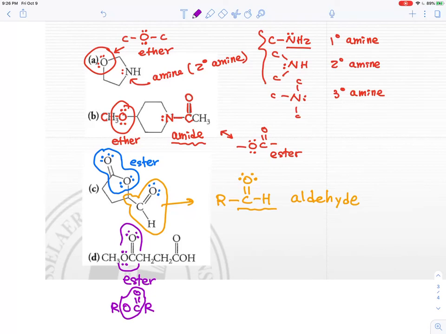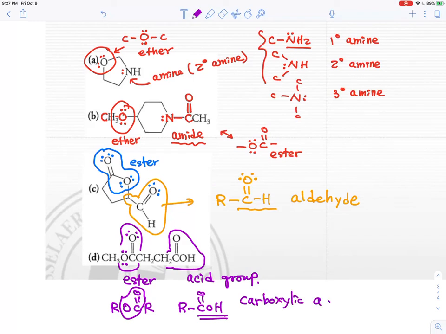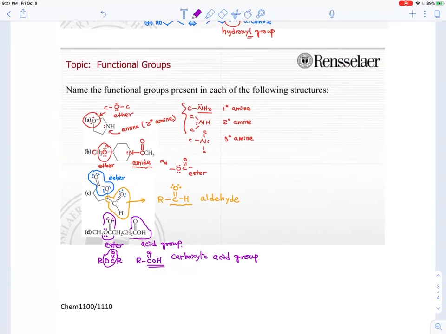And to the other end, there's a COOH connected to R. So this is R with COOH, and that is what we call the acid group, carboxylic acid. If you want to be more precise in describing this.